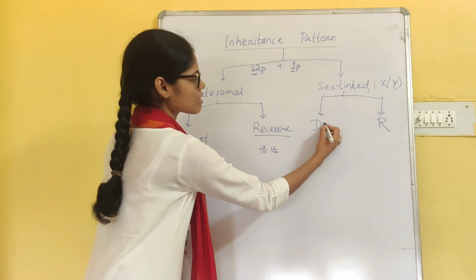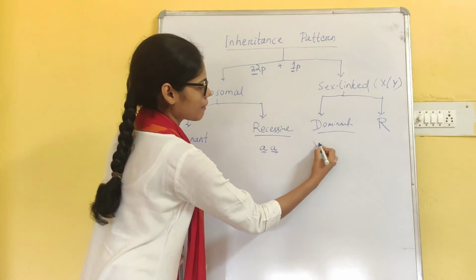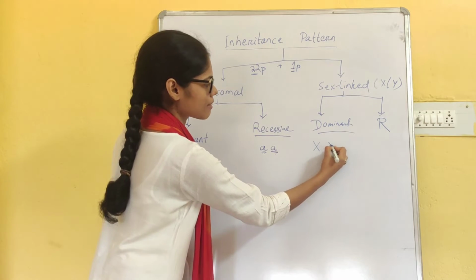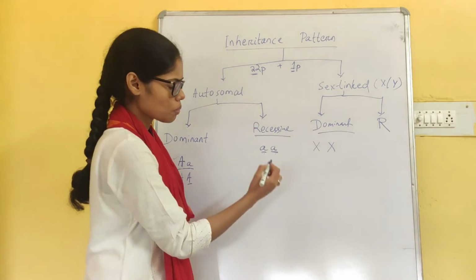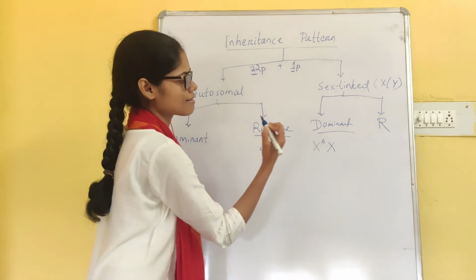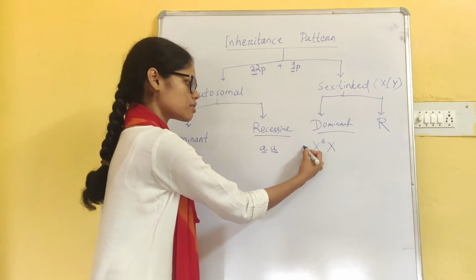What will happen in case of dominant? If it is an X-linked disorder, let us take the example of X-linked. Two X chromosomes are there in case of female. So what will happen if one allele is affected? In case of dominant allele, the disease will be shown.